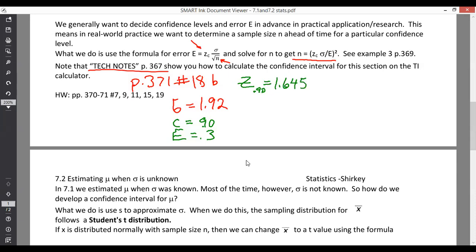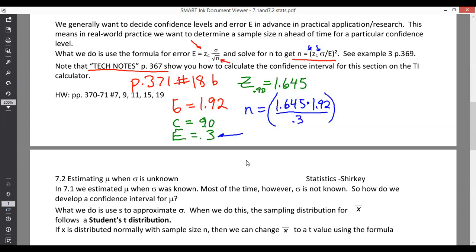So our sample size, we'll change colors here, is going to be Z sub C times sigma in the numerator, divided by the error that we want, okay?